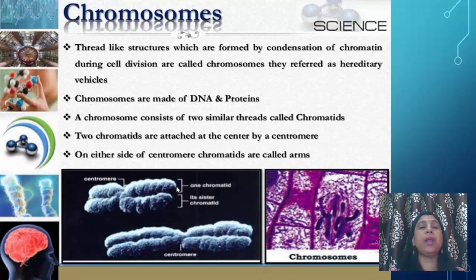They are also known as hereditary vehicle, meaning all the transfer of characteristics from parents to their offspring, to the next generation, is with the help of chromosomes. A chromosome consists of two similar threads called chromatids. Two chromatids are attached at the center by a centromere and on either side of the centromere, chromatids are called arms.